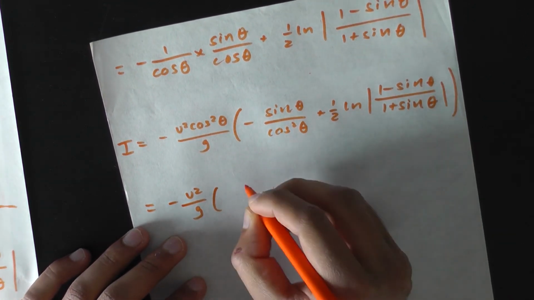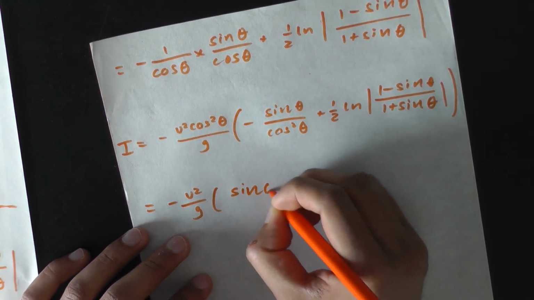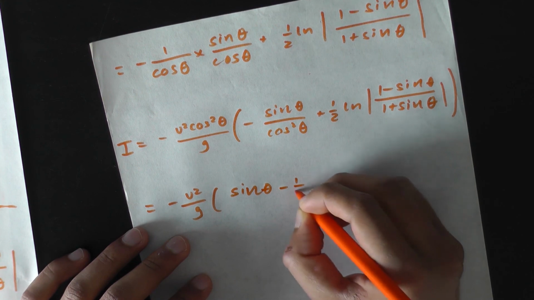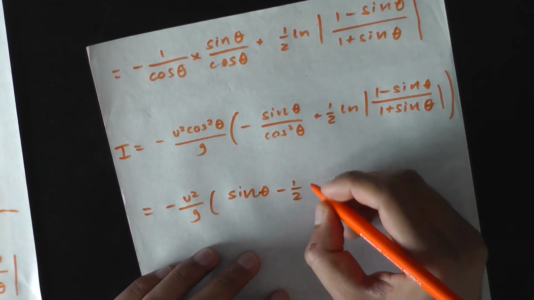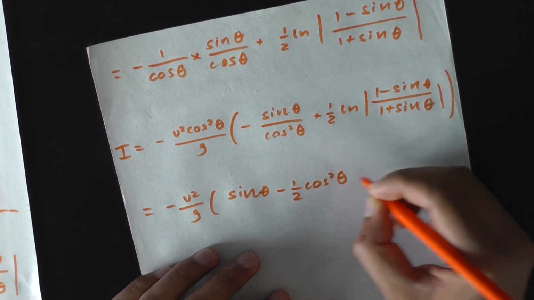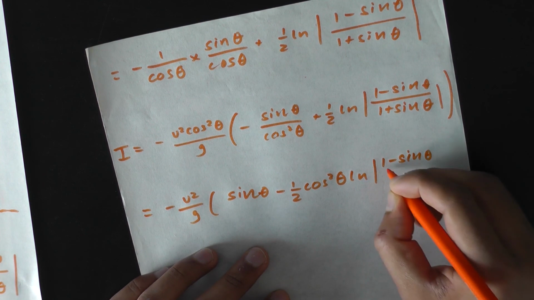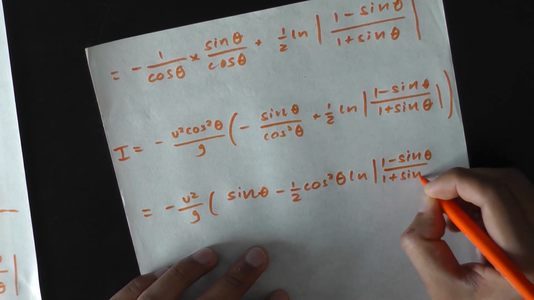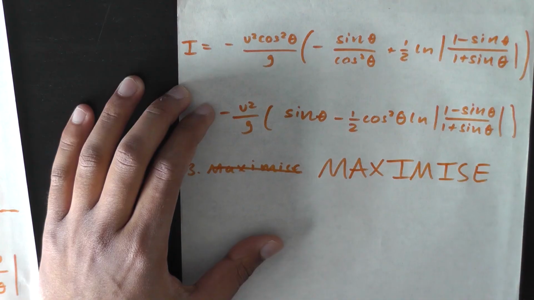If you multiply that by minus cos squared theta, we get sine theta minus half cos squared theta ln of 1 minus sine theta over 1 plus sine theta. This is the hardest part. Now it comes to the easy part.